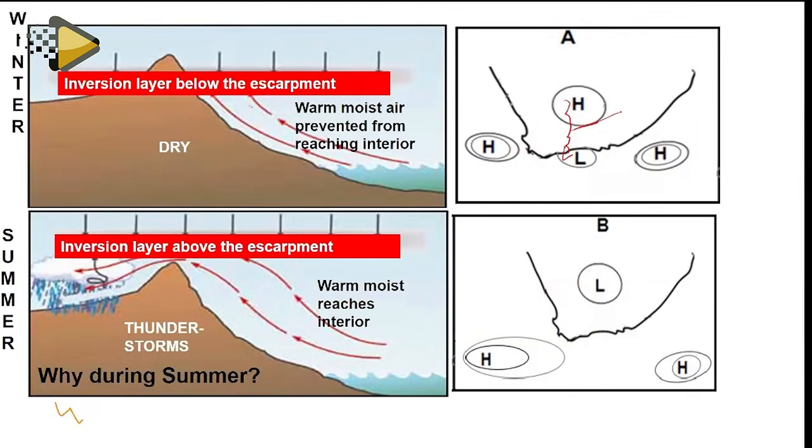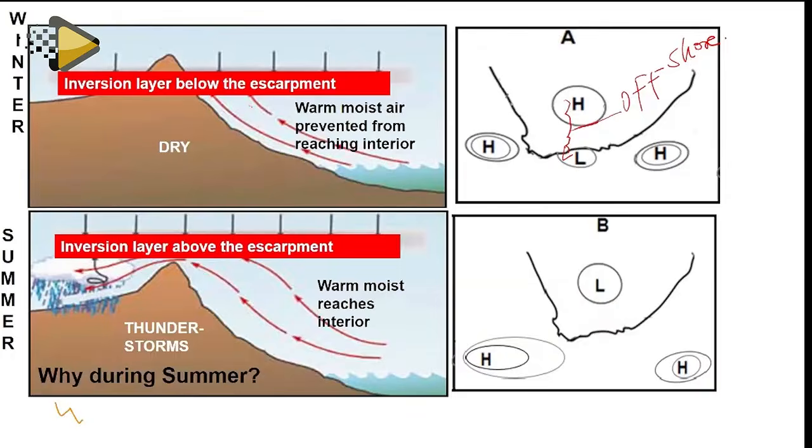Is it offshore or is it onshore? This will be offshore winds. So during winter, we experience offshore winds because the pressure is higher in the interior and it is lower at the coast. So the air blows from the interior to the coast, and what do you call that air? We call it offshore wind.